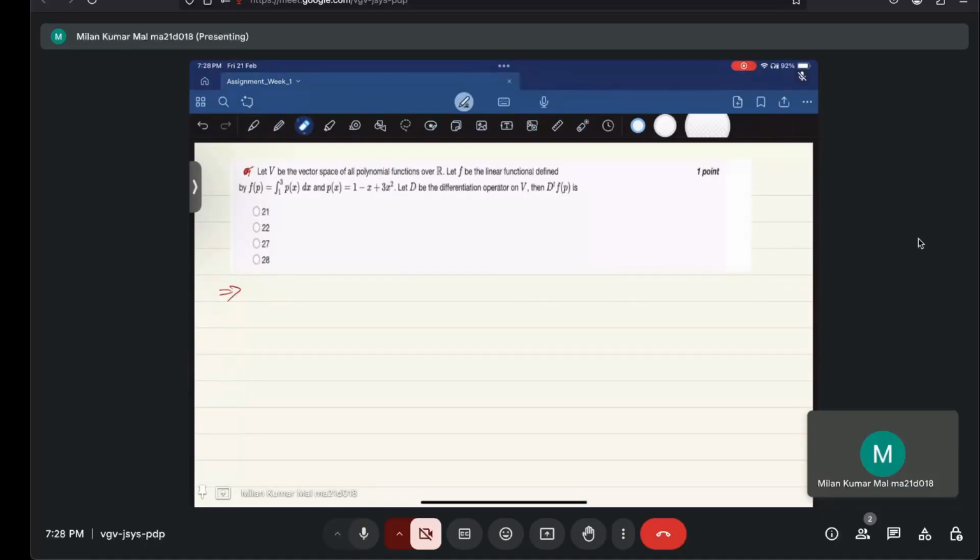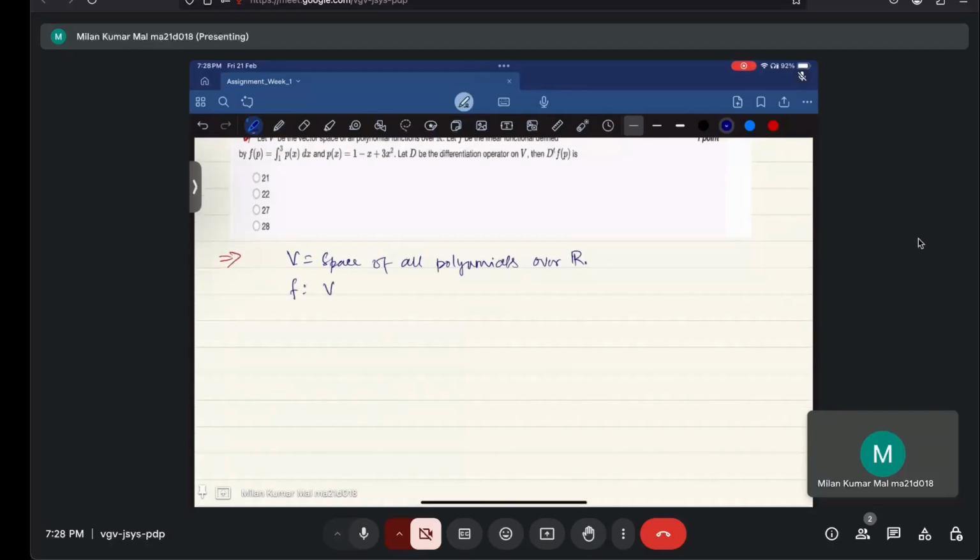So let's write V is equal to the space of all polynomials over R, and f from V to R be a linear functional, given by f at any polynomial p is equal to the integral of p(x) dx.